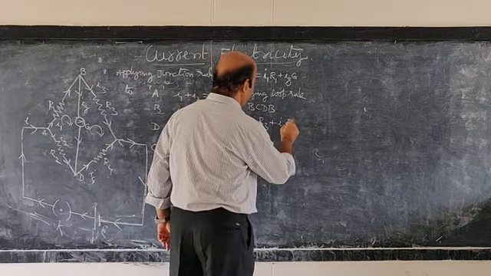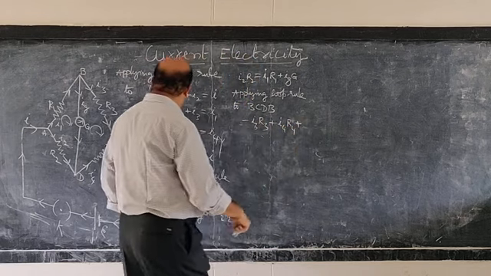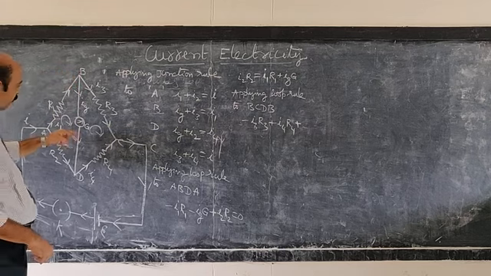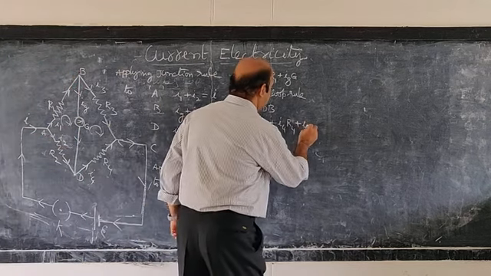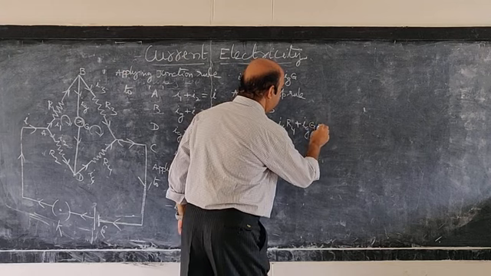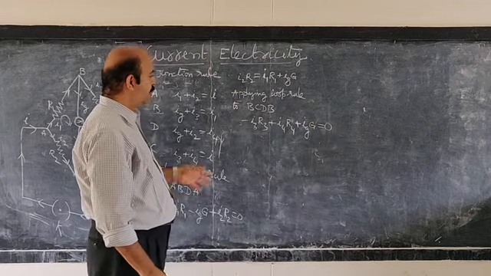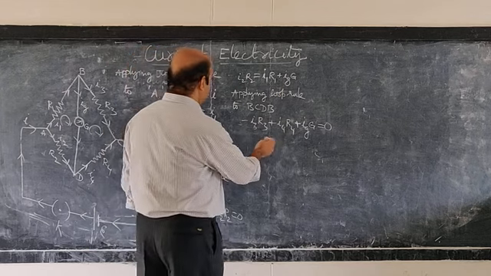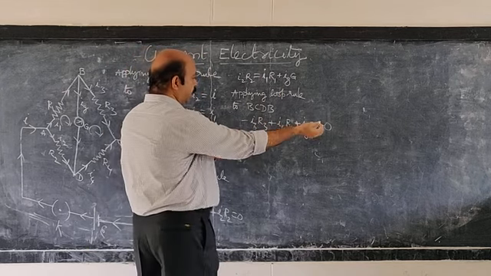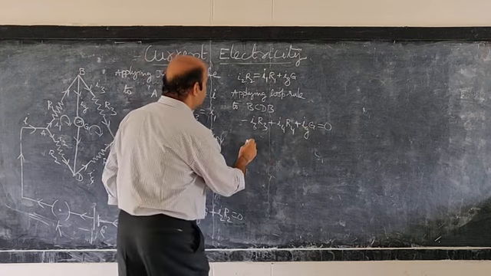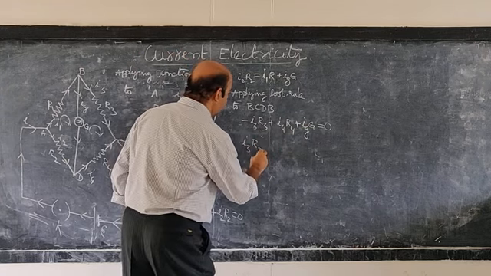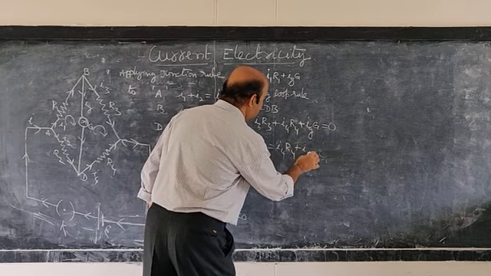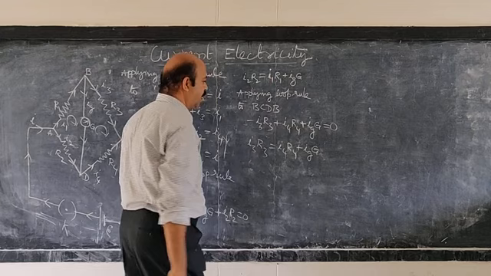Then again traveling in the opposite direction like this, the current is coming like this, plus IG G. IG current, so this is 0. So take the negative values to the other side and keep this positive value. Negative signs you can cancel out. Then you can write like this: I3 R3 is equal to I4 R4 plus IG into G.